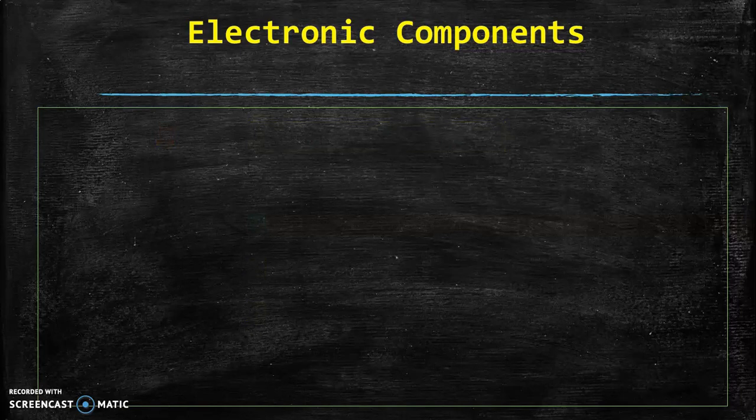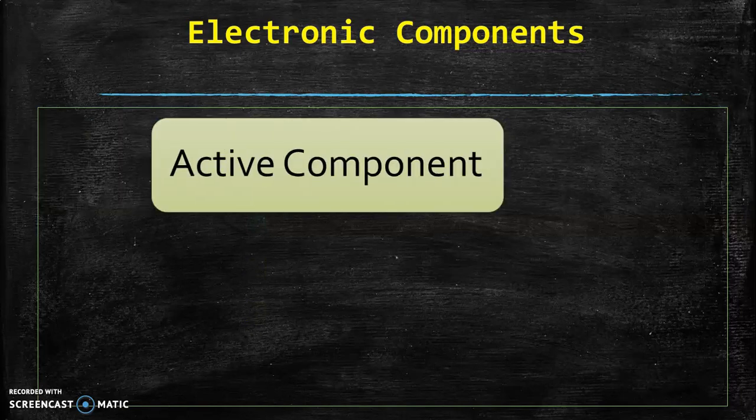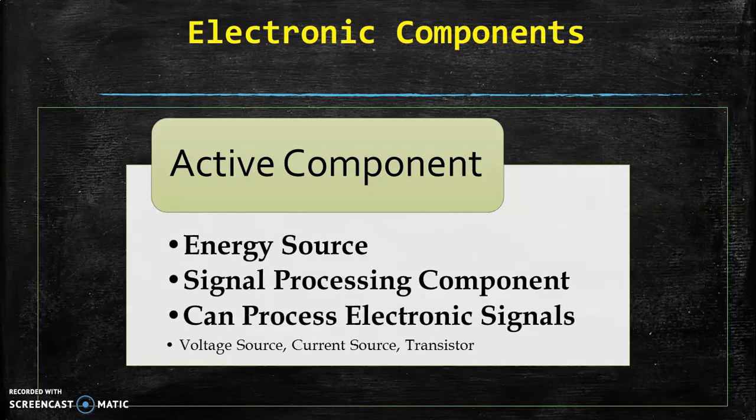On the contrary, if we define the active components of the circuitry, then we can say that they are energy sources. They deliver the power. Examples of energy source are voltage source and current source. Active components are signal processing components.